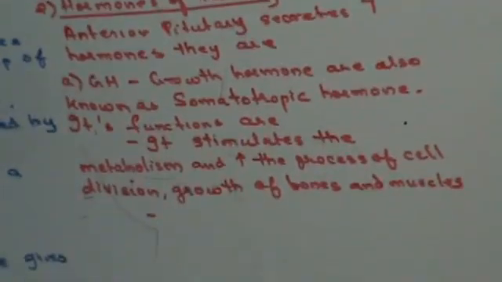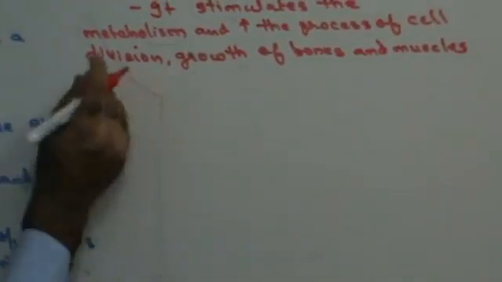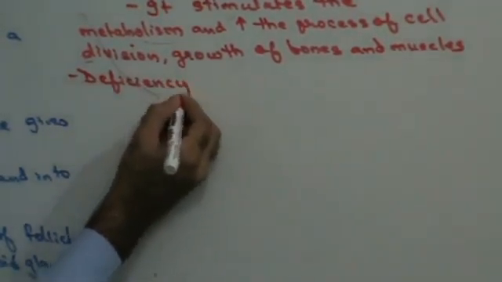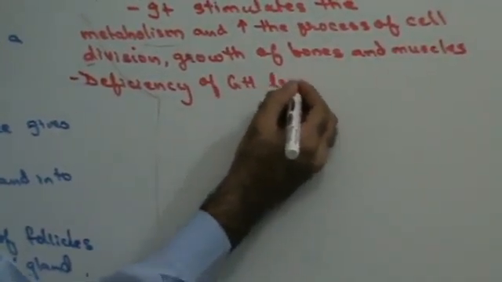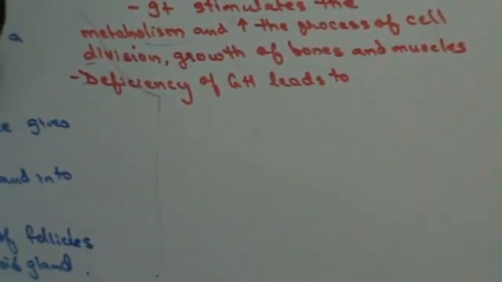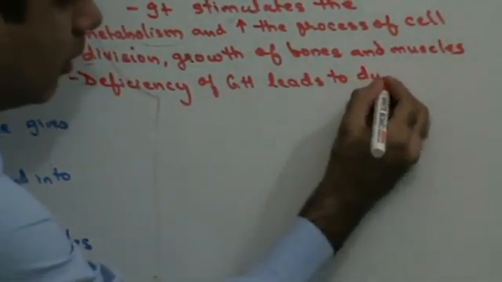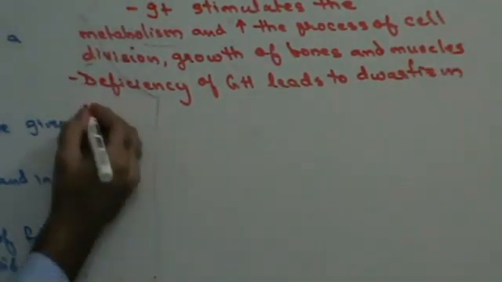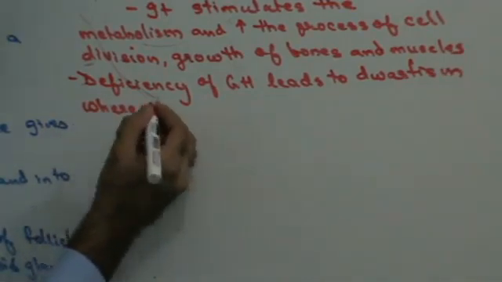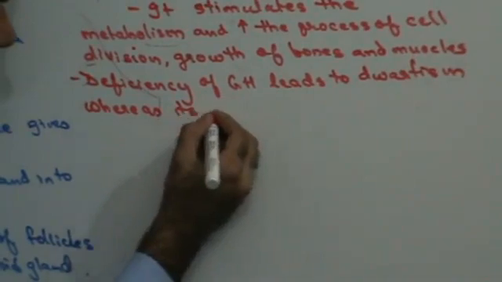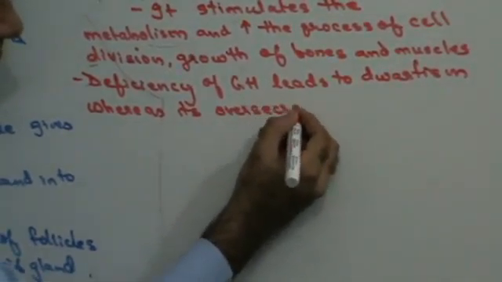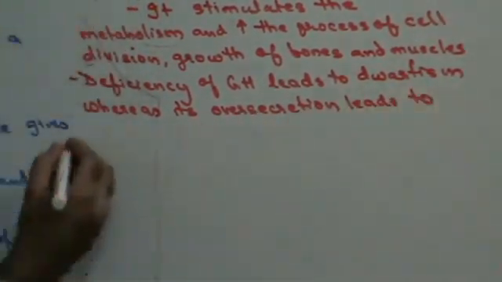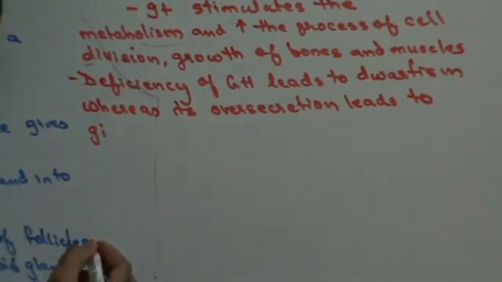Second function, deficiency of growth hormone leads to dwarfism, whereas its oversecretion leads to gigantism.